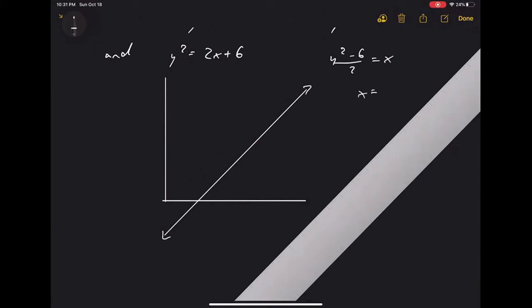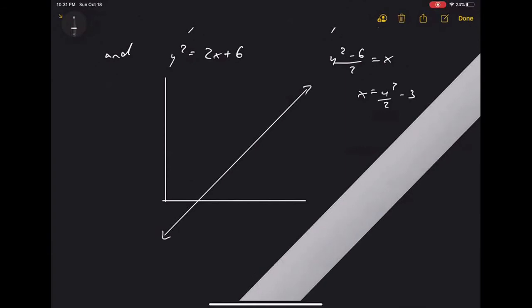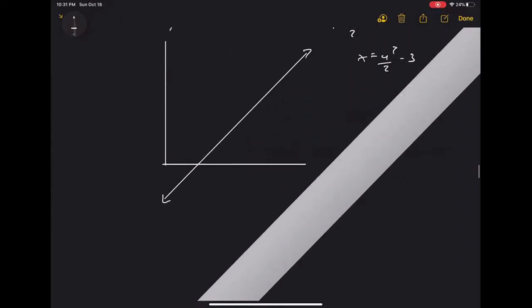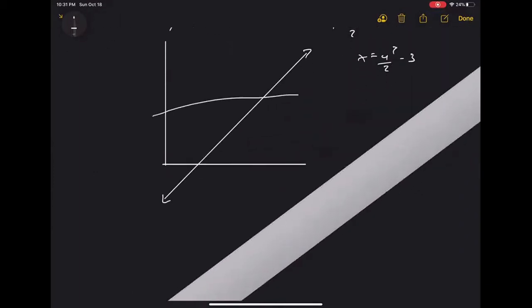In other words, x equals y squared over 2 minus 3. So that's a parabola that's been shifted back by 3. Roughly, it should look something like this.